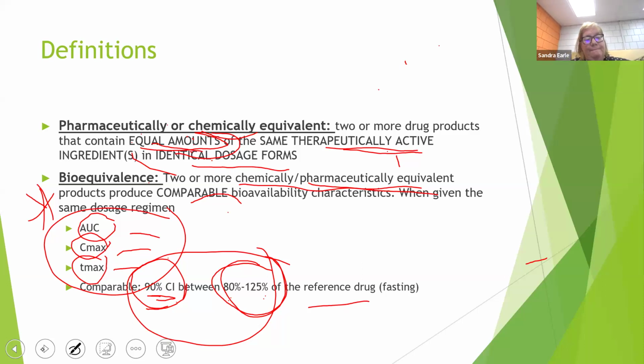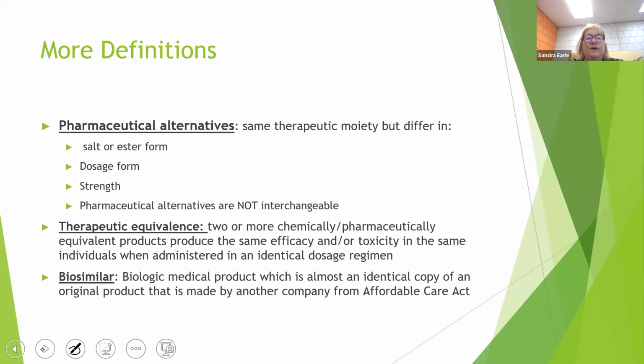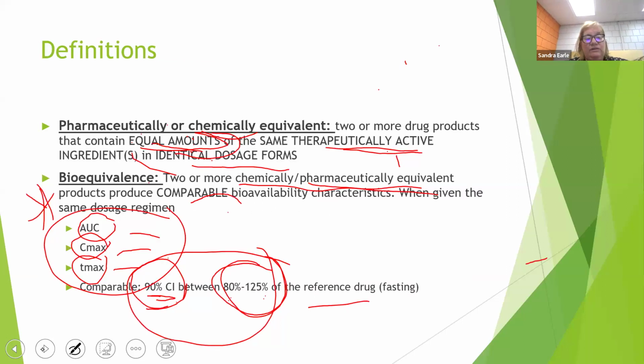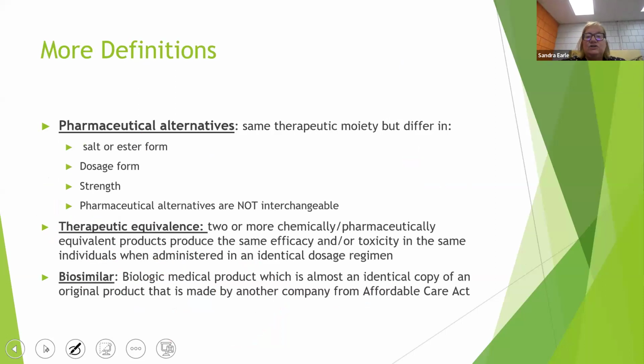Okay? Now, what are pharmaceutical alternatives? So these are alternatives. They are not equivalents, but alternatives. So this is when it's the same therapeutic moiety or the same drug, but they differ in their salt or ester form.